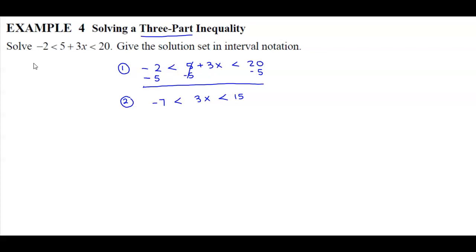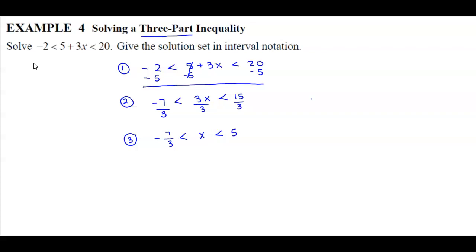Again, you're using the three-part inequality, so we're going to divide each value by 3. Therefore, we get -7 thirds less than x, and x less than 15 divided by 3, which is 5.